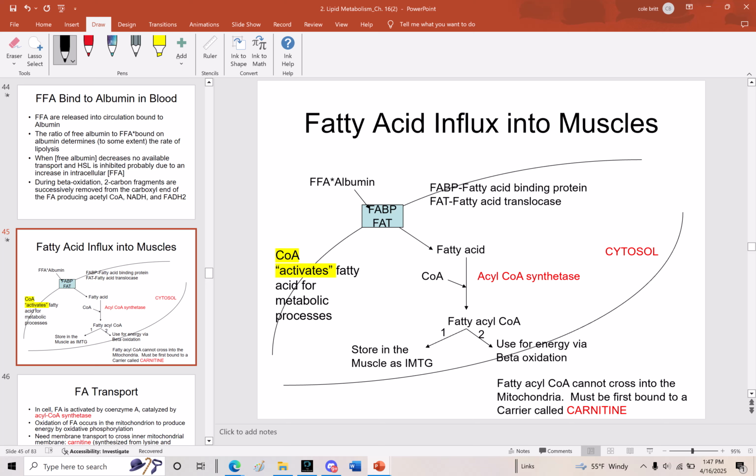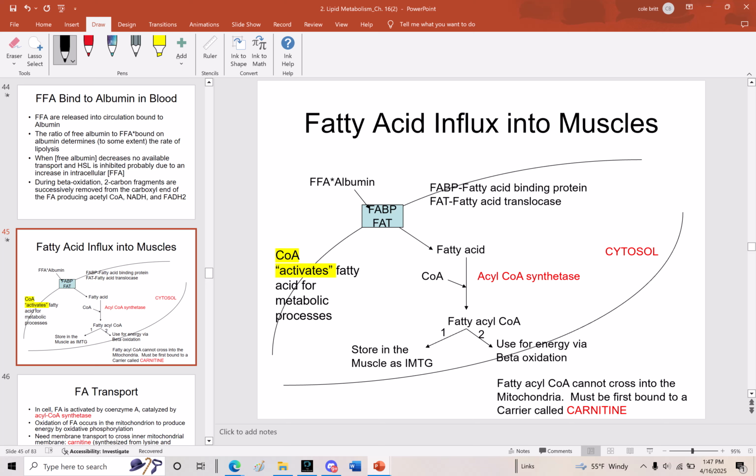Don't memorize these receptors, but I want you to understand it can't just go into the cell. It will need a transporter. Don't memorize the transporters, but it will need a transporter to get into the cell. And then once it's in the cell, that's when the coenzyme A is added. And now it's officially active. It can be used, in other words.